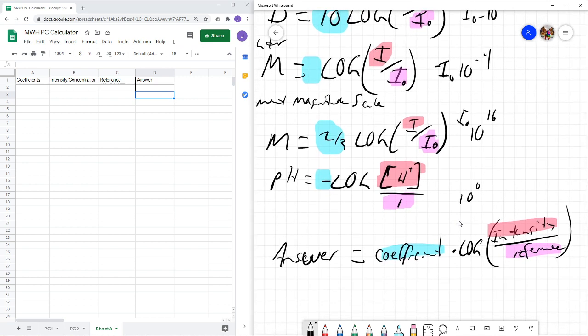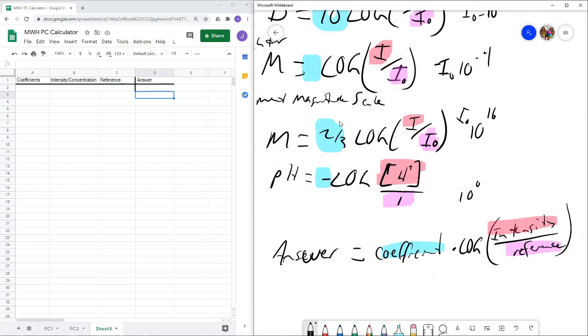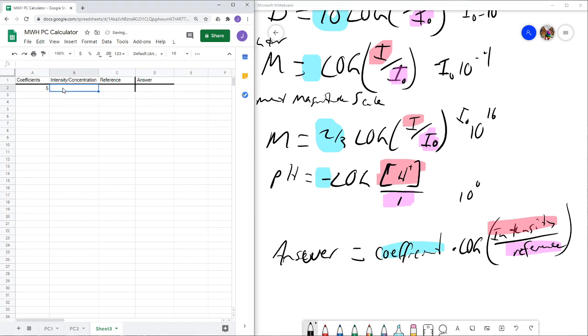In general, we could say that for all four of these models, you had a coefficient times log of an intensity divided by some reference value. So we'll just put some dummy values in here. Actually, we should make the coefficient a negative 1.